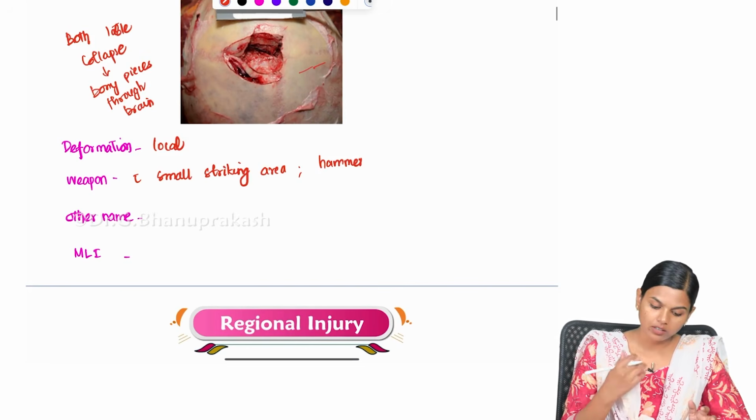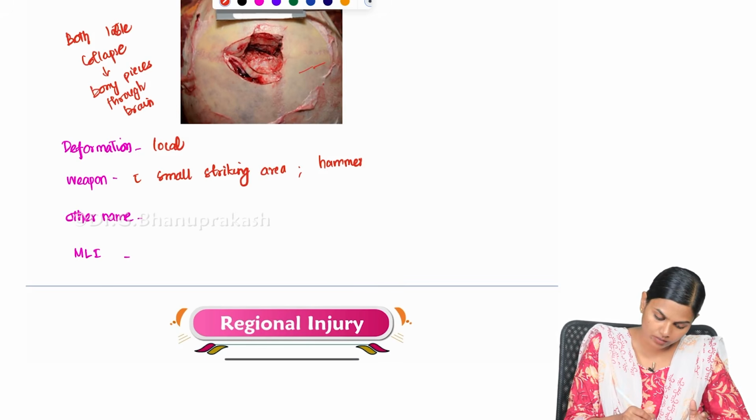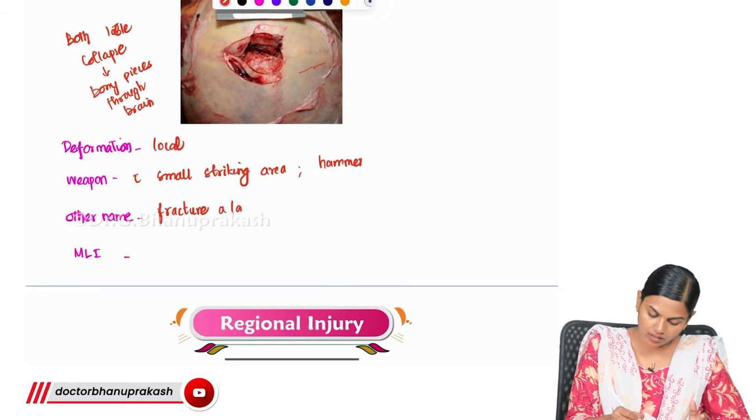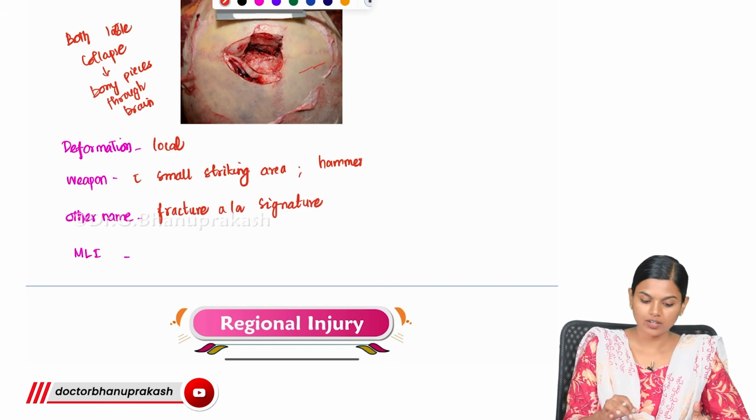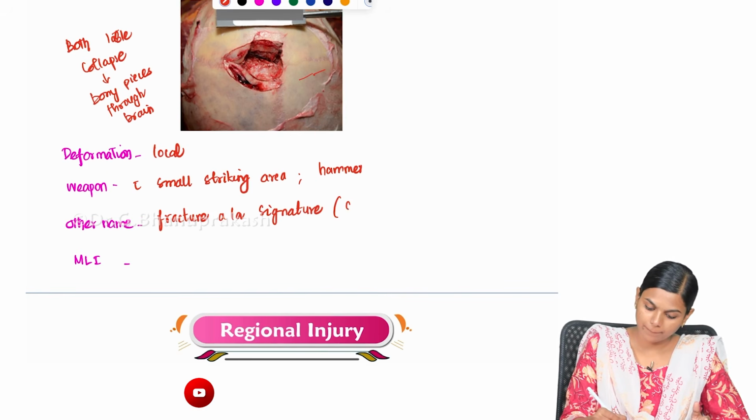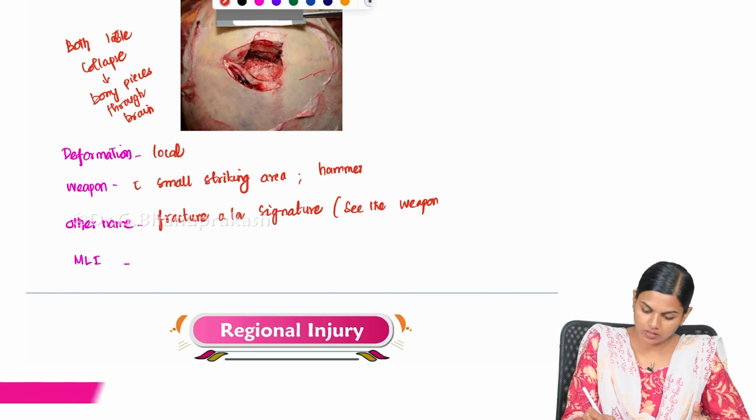And the other name for this depressed fracture is fracture a la signature. Why is that? Because in this fracture, you can see the weapon's image.